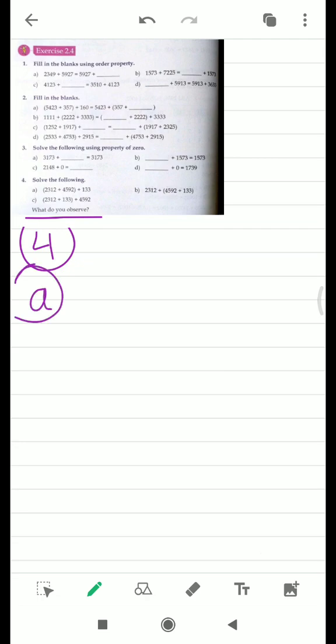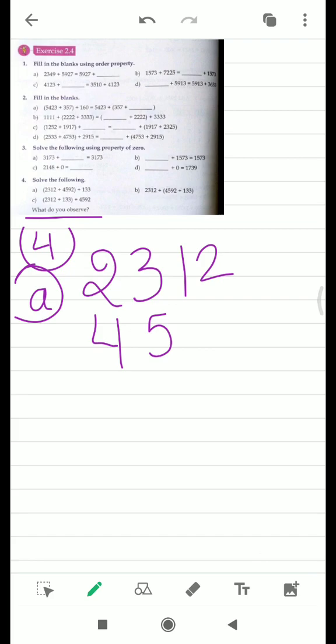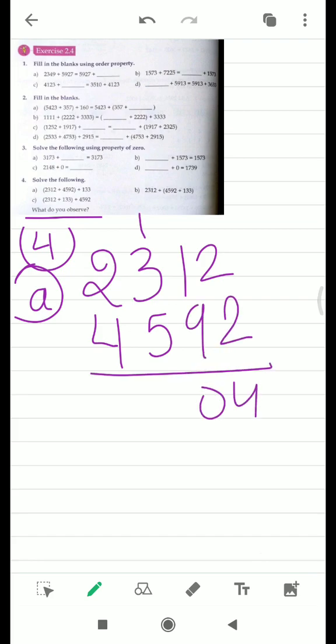First, A part states that you have to add 2312, then 4592. First add them. It's going to be like this. Then add this one, 133.